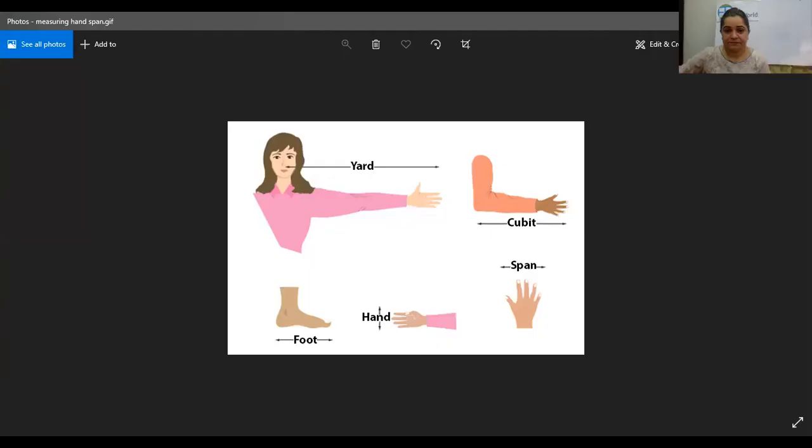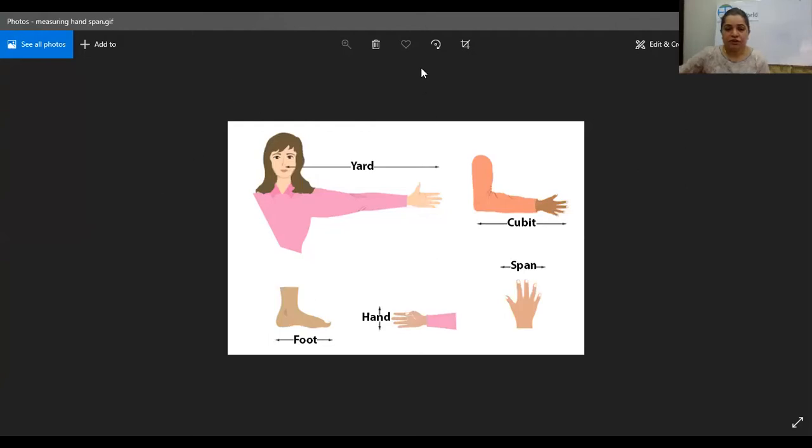But the non-traditional measuring things are from before the inch tape, before the measurements in inches and all that. People used to measure things at that time as well. There were different kinds of measuring things, which we're going to discuss right now. Let me share a picture with you.